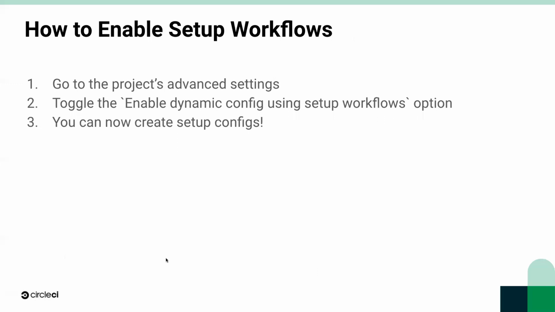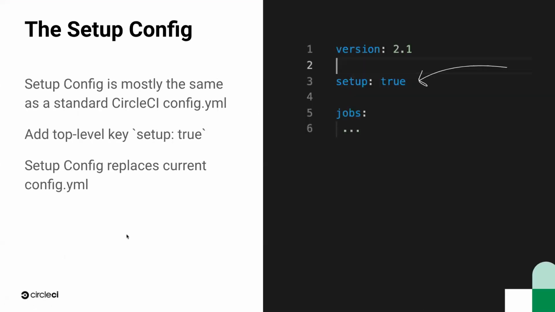To enable setup workflows, we start by going to the project's advanced settings and toggle the option that says enable dynamic config using setup workflows. Now it's enabled, and you can create a dynamic configuration. So what that looks like is almost the same as a standard CircleCI config.yaml.